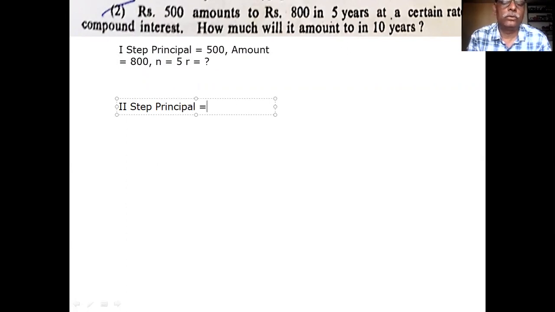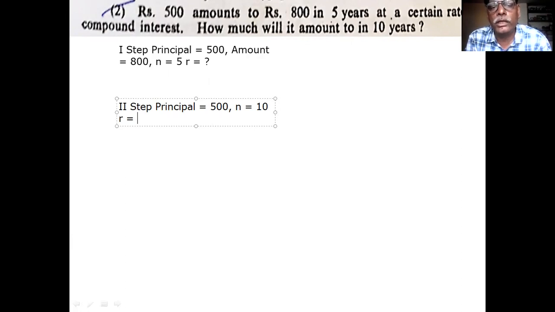Second step: principal is equal to 500. Then n is equal to 10. R is equal to, you take the R from the first step. First step answer, R, rate of interest. In the first step, you calculate the rate of interest.